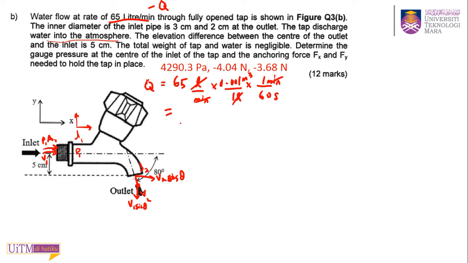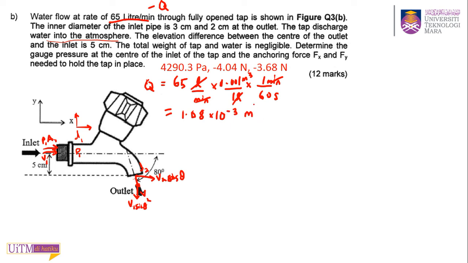What is the value of Q? Anyone who has calculated it? Just say the value for Q. One point zero eight, 1.08 times 10 to the power of minus 3.